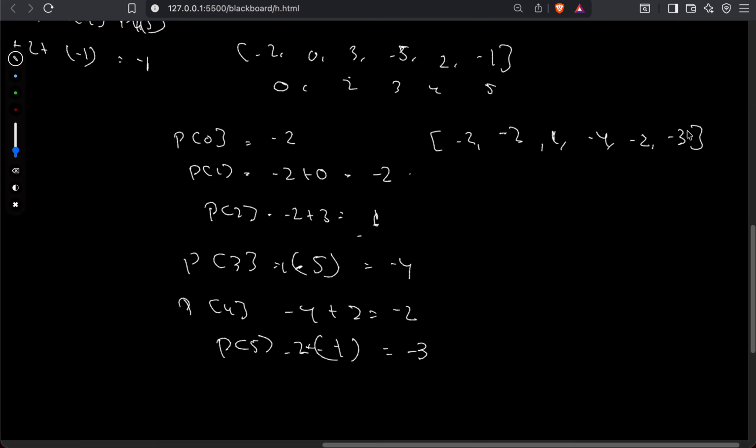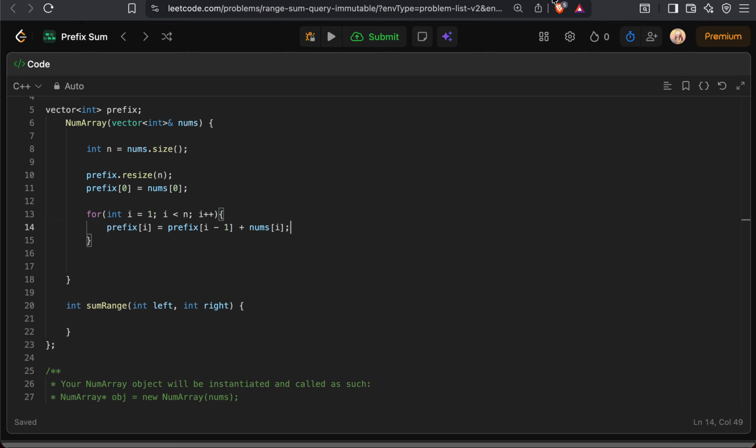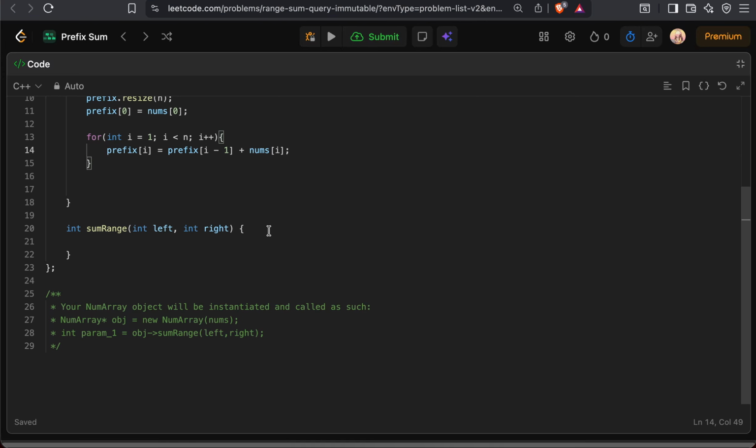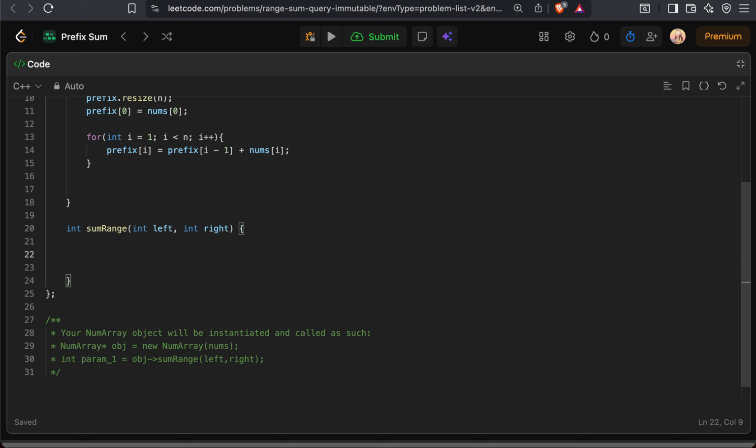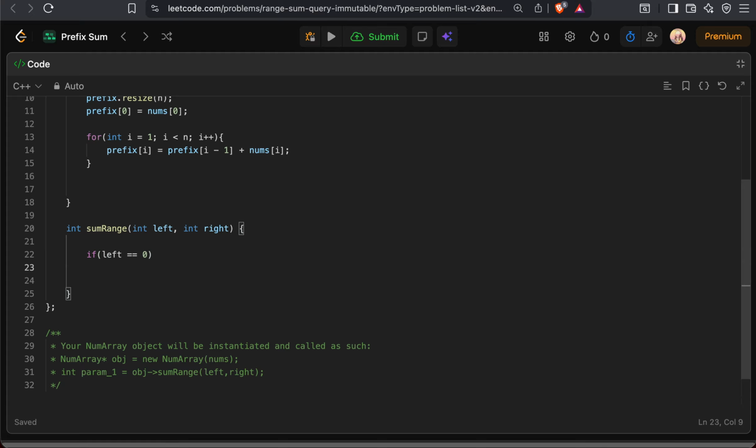Okay, so we use the formula in sumRange, where we write left and right. If left is equal to 0, return prefix of right.